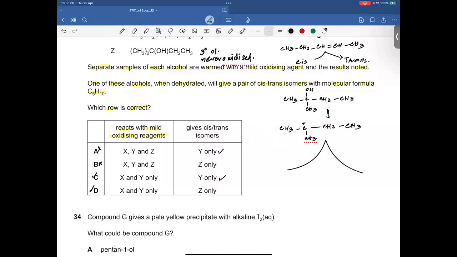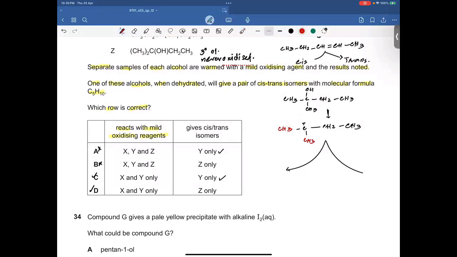Let me make two different sorts of alkenes here. What if I write this CH3 in red, so that I get the idea. I'm using shifting of bond and removal of hydrogen from this carbon atom.